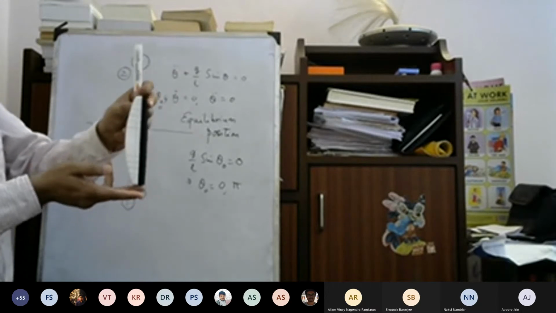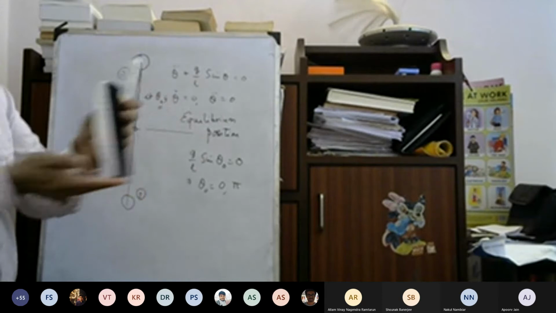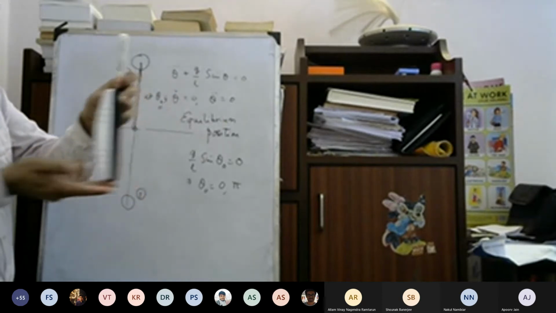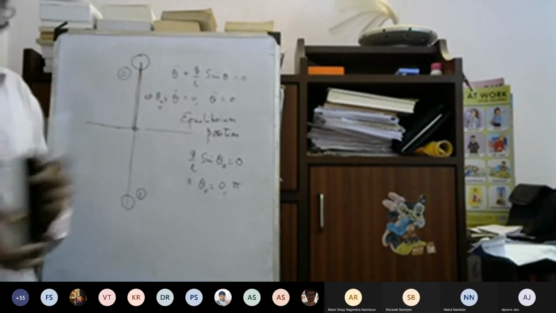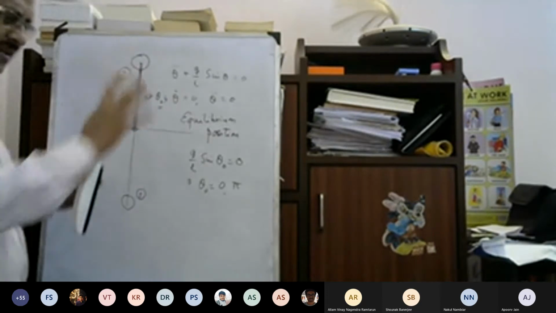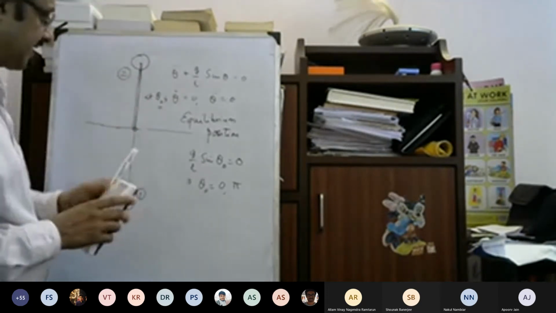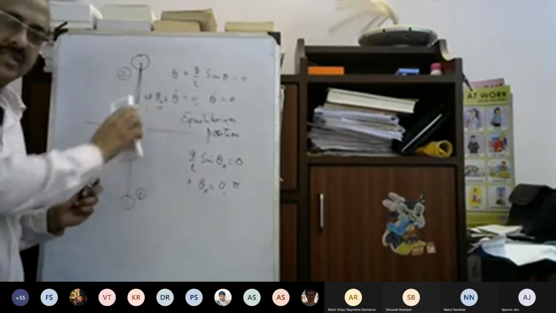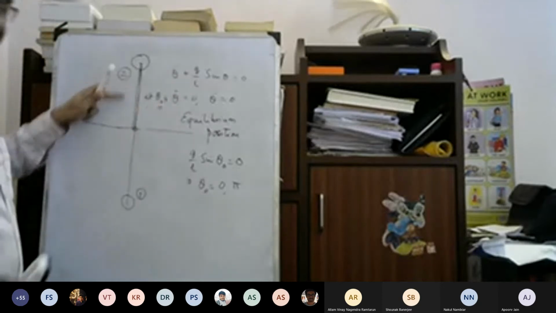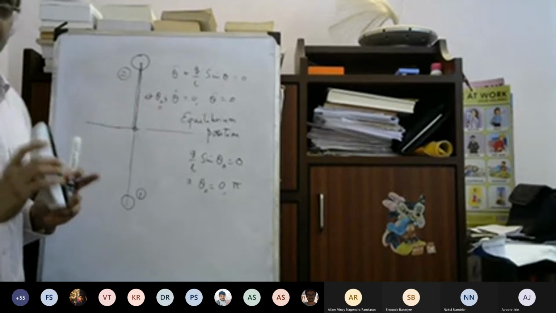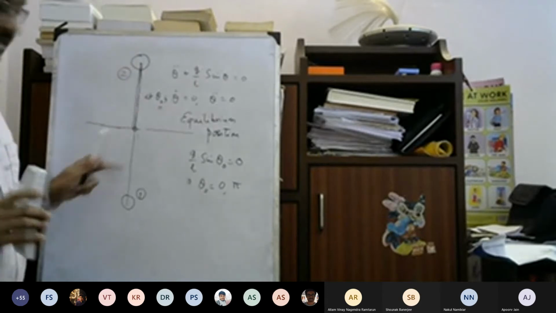If it is a long stick, then by maneuvering the base, I can keep it vertical. So this equilibrium position is unstable in the general sense, but we can make it stable. Nevertheless, this is an equilibrium position.